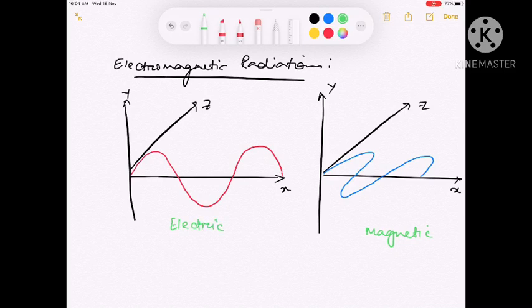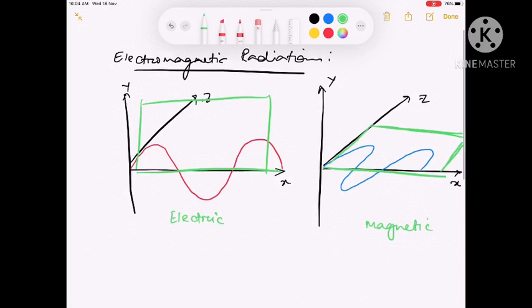Now the electric field is moving in the xy plane, means in this plane. This wave is moving in the xy plane, whereas the magnetic field is moving in the xz plane.